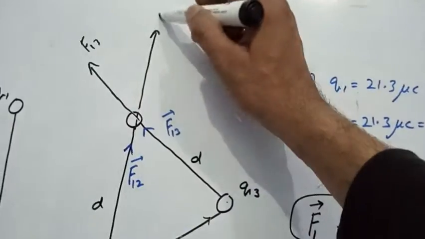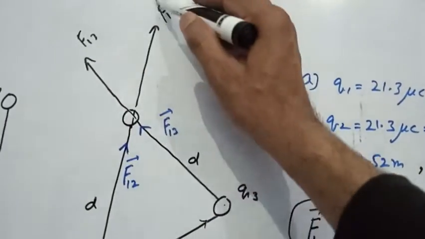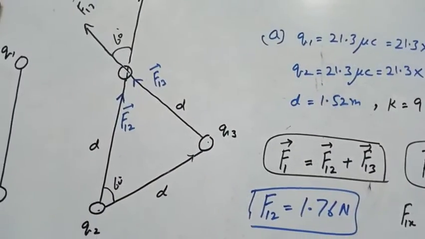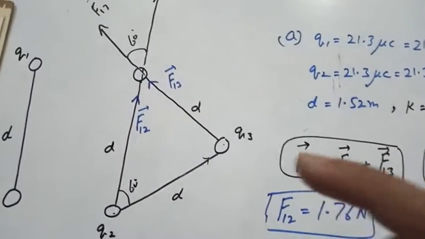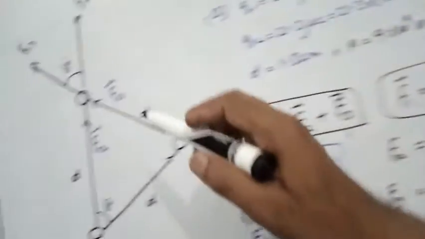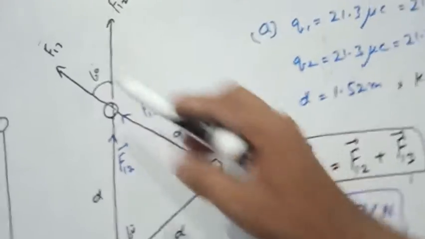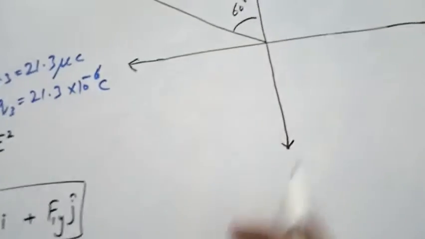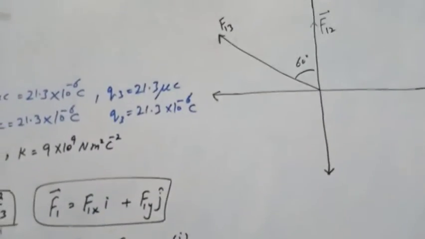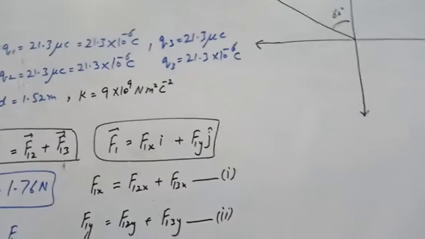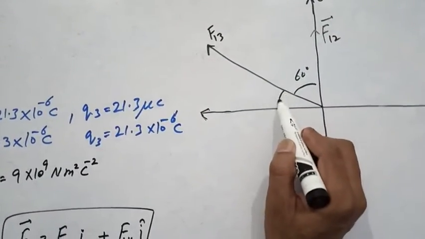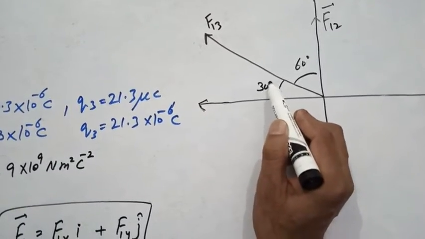So the angle between F12 and F13 forces is 60 degrees. So the angle of force F13 here becomes 30 degrees.